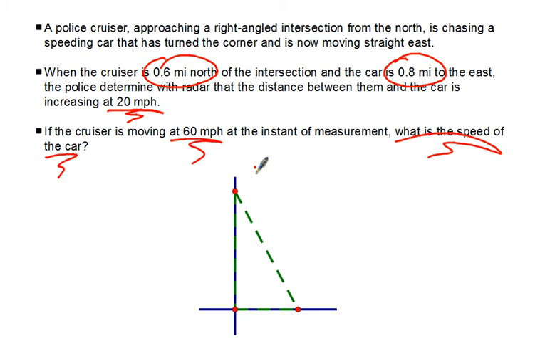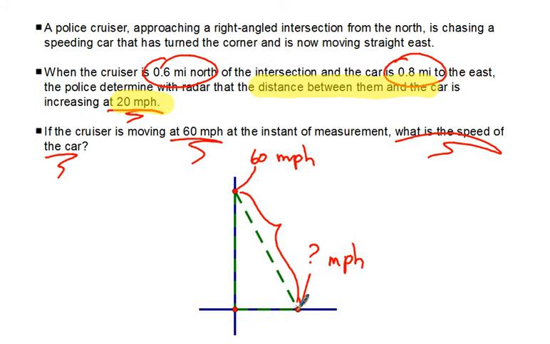In other words, if this guy is going 60 miles per hour, are we able to determine how fast this guy is going? Let's see if we can learn the answer. In terms of the information we're given, we know that the distance between the cars is increasing at 20 miles per hour. So the speed at which that's changing is 20 miles per hour.